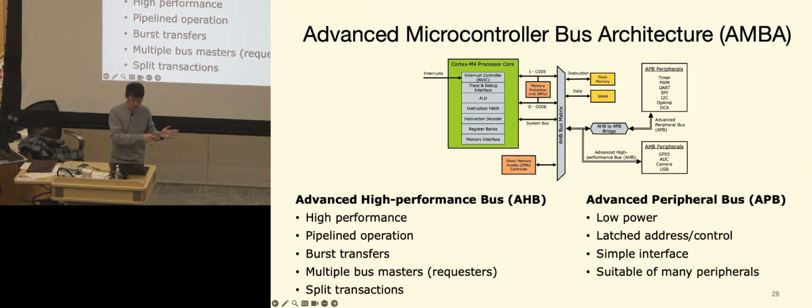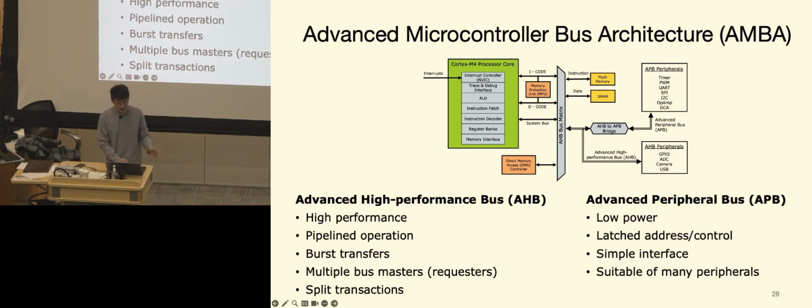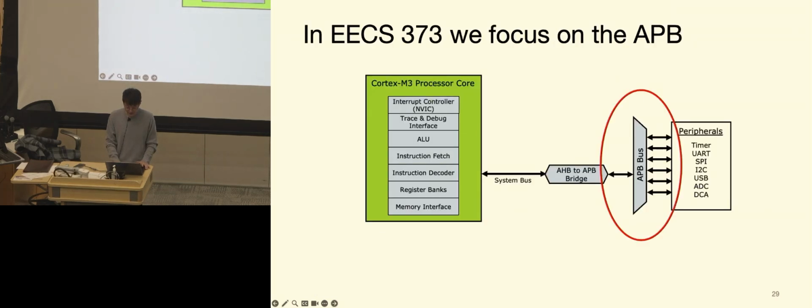We're not going to talk too much about the AHB in this class, but basically it does similar things, but it's faster and more time critical. It's like a more advanced version of the peripheral buses, but the underlying logic is pretty much the same. Yeah, so that's the part we're going to be mainly talking about, the APB buses.